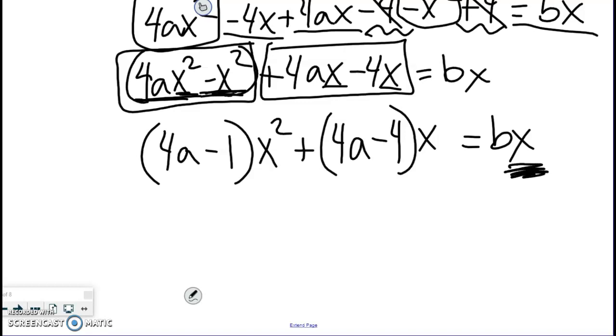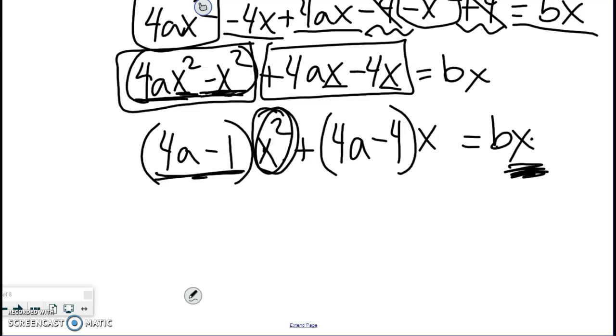We're looking for bx, not x squared. We're looking for bx. So we're going to set these up as two different problems. We're going to set this portion because we want it to disappear, right? We want this whole thing to disappear. We don't want x squared. It's not part of our answer. So we want this x squared to disappear.